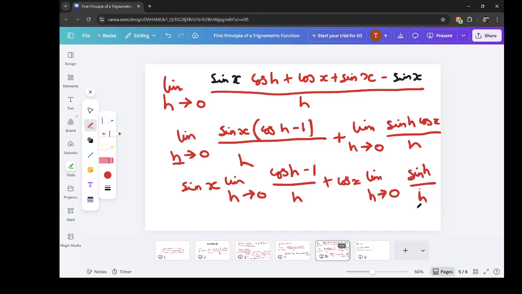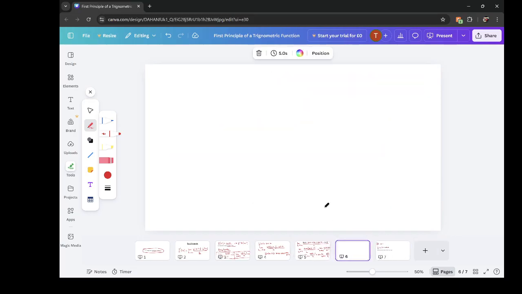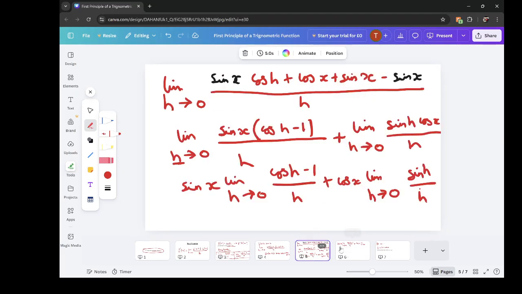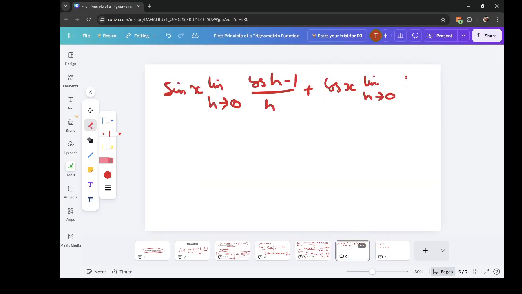So now we have these two to deal with. Now I'm just going to add another page and we're going to work on it. So now we have two things: sin x times the limit as h approaches 0 of (cos h minus 1) over h, plus cos x times the limit as h approaches 0 of sin h over h.